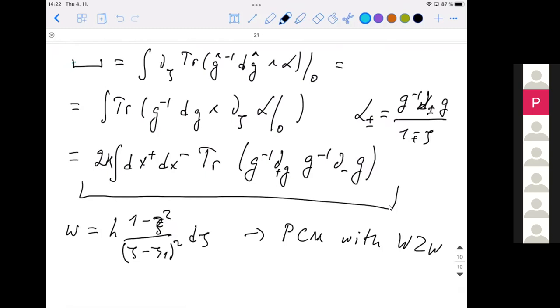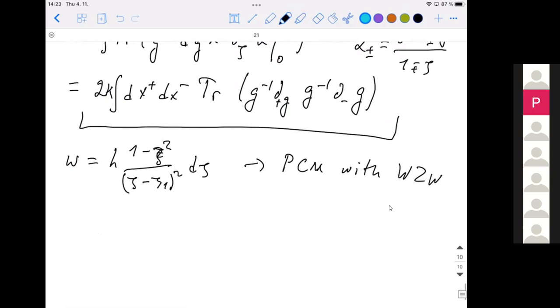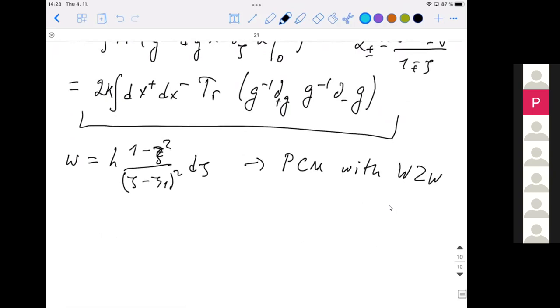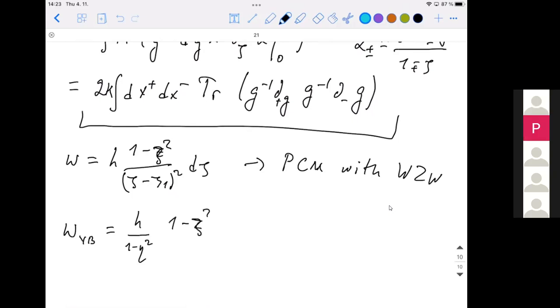And then if you want to check the Yang-Baxter, then for the Yang-Baxter, the omega is a little more complicated, which is, let me just check. Omega Yang-Baxter is that, zeta squared and squared delta z.